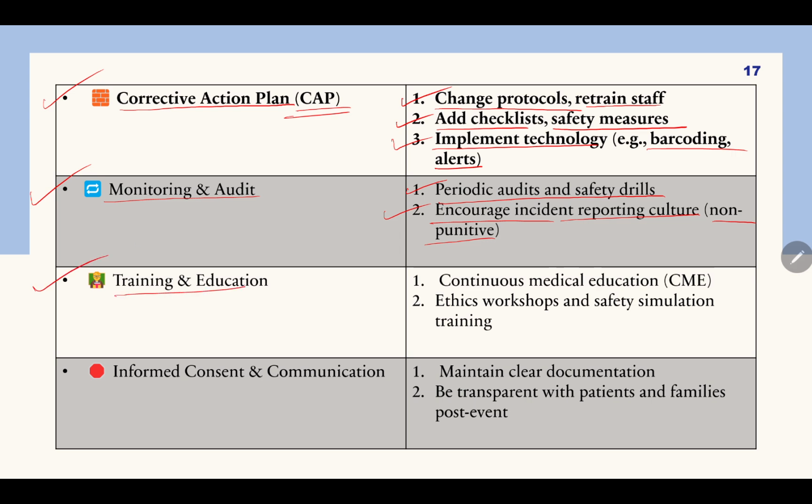Then training and education. So continuous medical education, that is CME. It is very normal nowadays. Like there are so many conferences related to it, and continued medical learning, CML, or continuous medical education. So training and education about different diseases, different surgeries. Like for example, when minimally invasive surgery, that is MIS, then robotic surgeries, then laparoscopic surgeries were introduced, the doctors who had graduated long back didn't have the knowledge of those things.